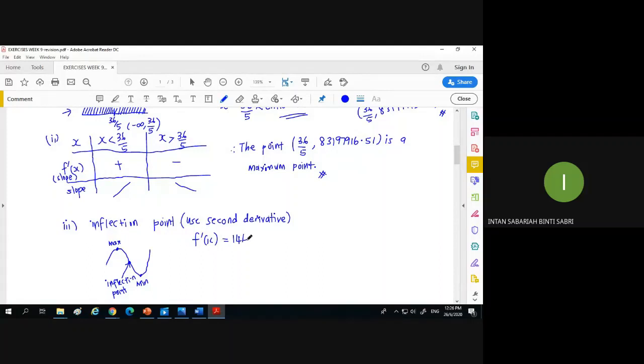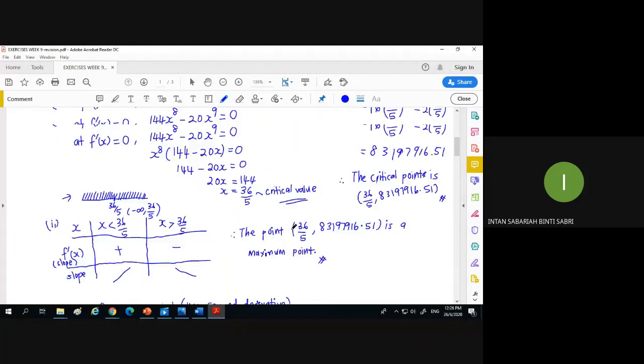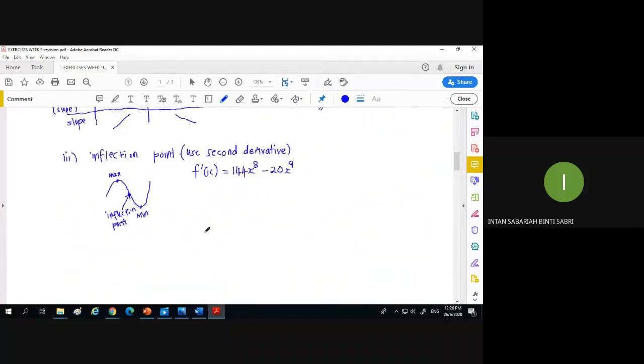The first derivative we have is 144 times 8x power of 8 minus 20x power of 9. So the second derivative equals 144 times 8, 1152 x power of 7, minus 180 x power of 8.